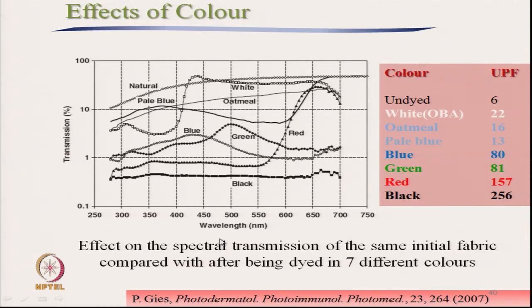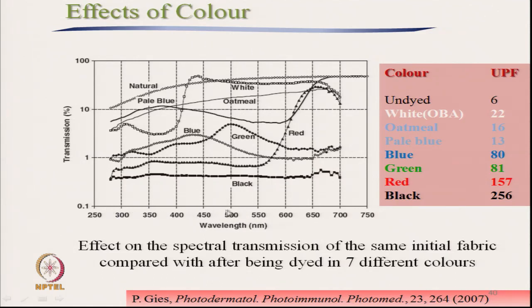And this picture shows the effect of color. As I have already mentioned, the darker color will have higher UPF value, that means the penetration will be least. So, here we can see in this picture that black has the least transmission throughout the wavelength.